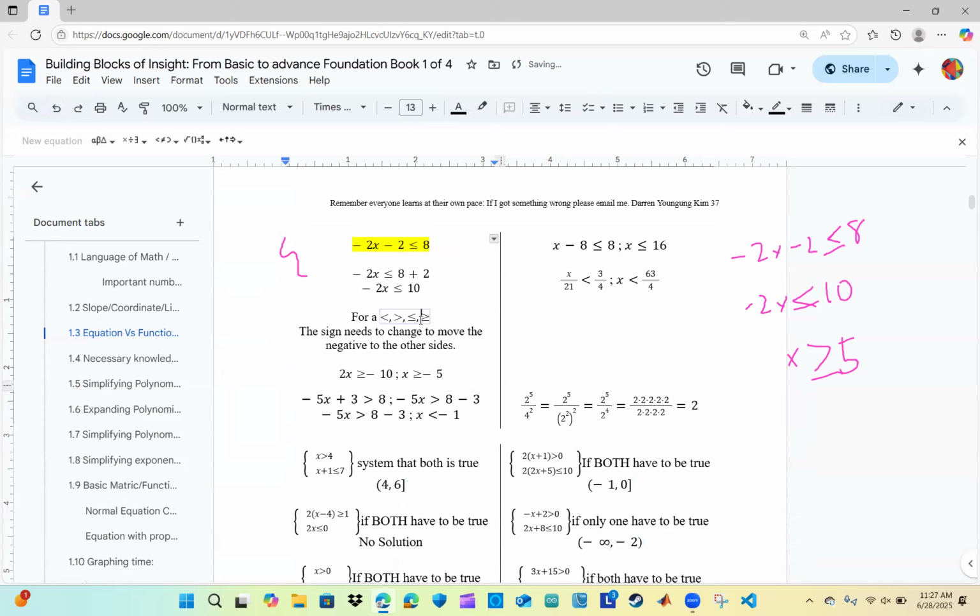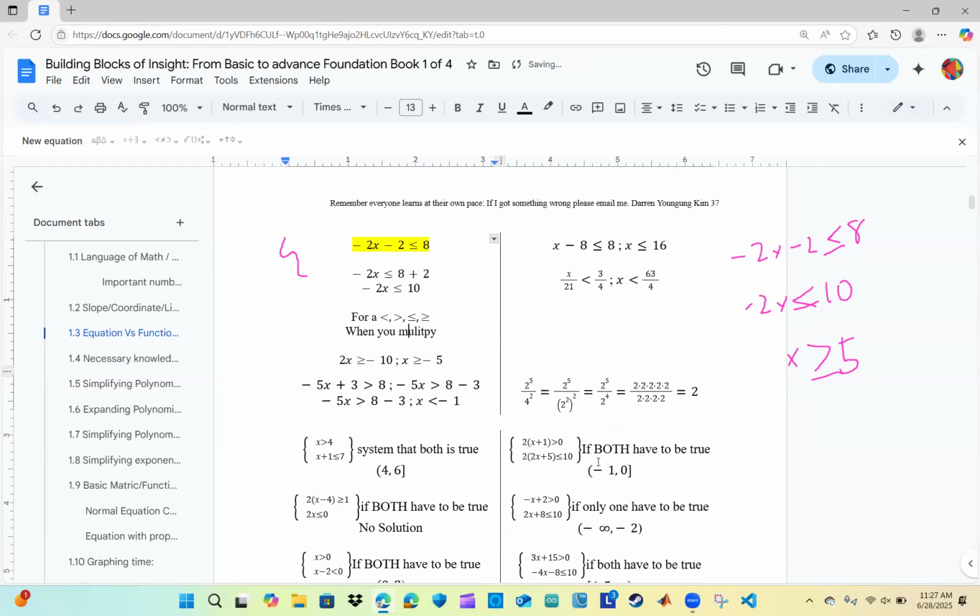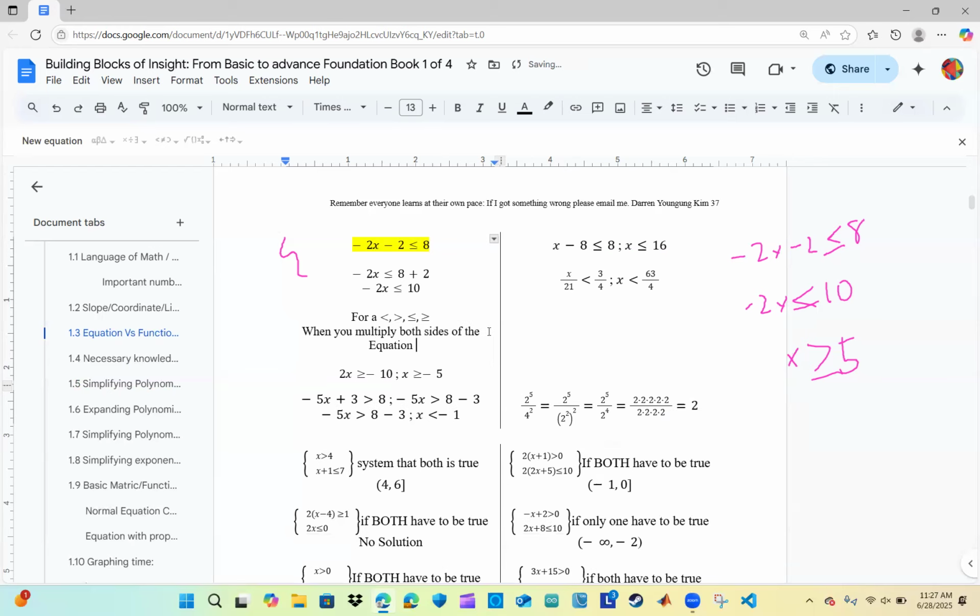When you multiply both sides of the equation with a negative, the greater than turns to less than and then vice versa.